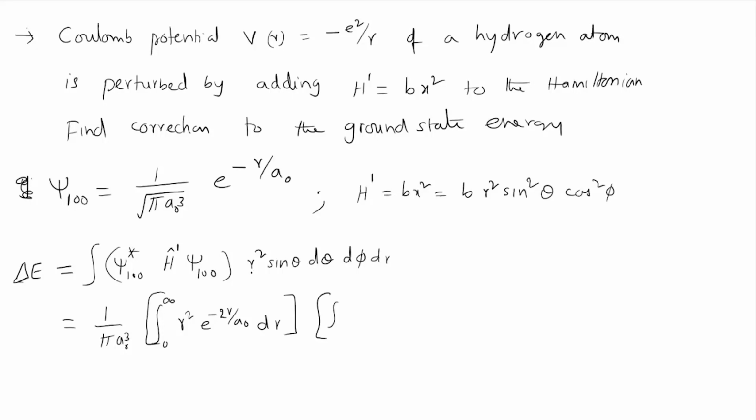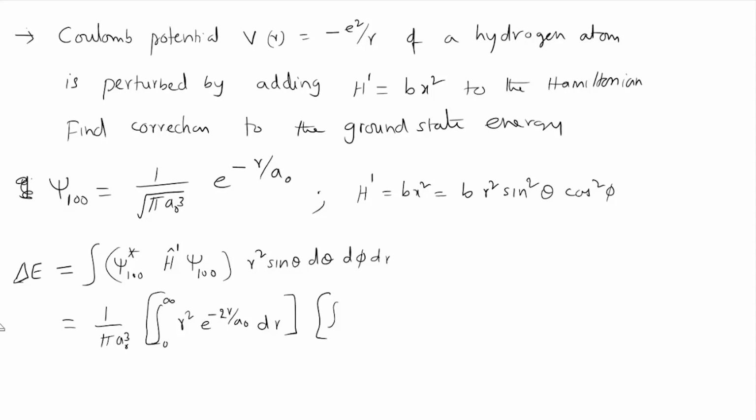It is r square sine theta d theta d phi dr. Sir, inside H prime another r square is there now. That's why it is r power 4. There is also dr. You have to have dr also. r square sine theta d theta d phi dr.